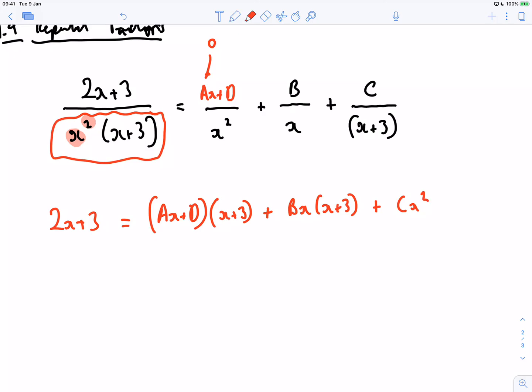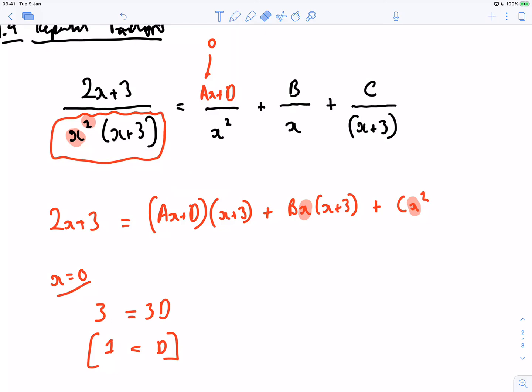Now I notice that the b term has an x and the c has an x term, so I can spot straight away, if I let x equal 0, the left hand side becomes 3 and the right hand side, this term and this term go, which is great, and this term becomes 0 times a, which is 0 plus d, so that's d, lots of 0 plus 3, which is 3, so I've got 3d equals 3, so d equals 1. Lovely, 1 down, 3 to go.